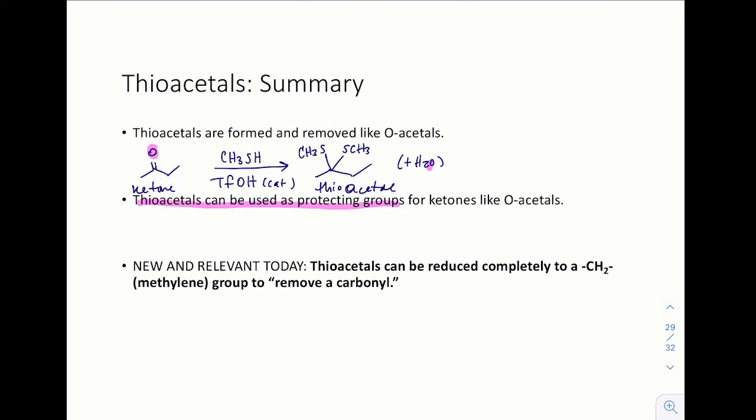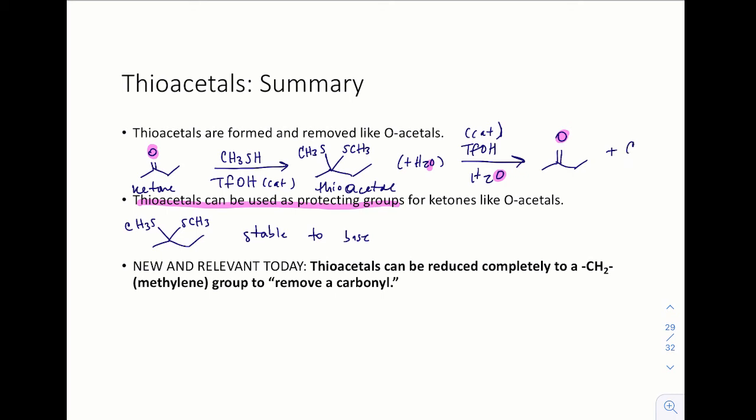It is stable under basic conditions and perhaps a bit more stable than oxygen acetals. And then once you are done protecting the ketone, they could be removed again with catalytic acid and then water, where water will add to the carbonyl carbon in addition-elimination mechanisms, as we have previously learned, to regenerate the carbonyl and liberate two equivalents of the thiol.